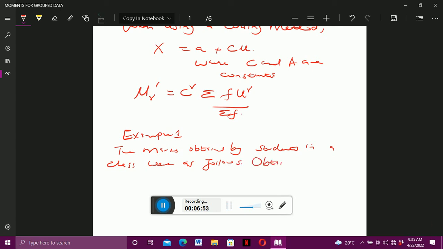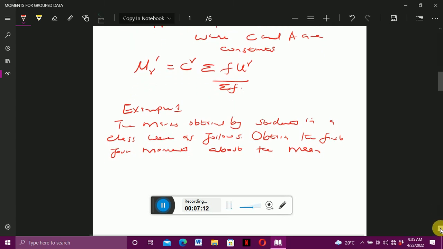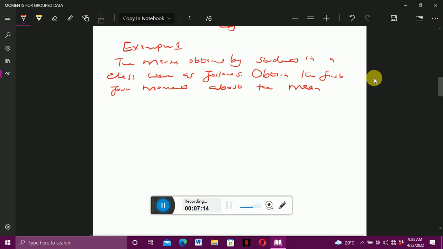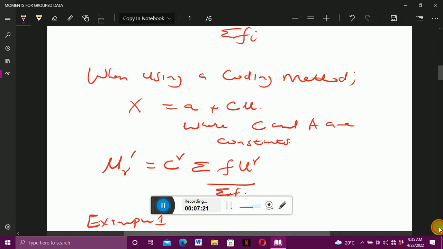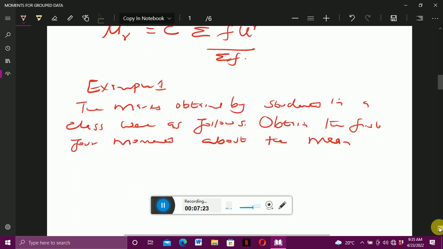We want to obtain the first 4 moments about the mean. So what we are going to do, I need my board, my space to be bigger.